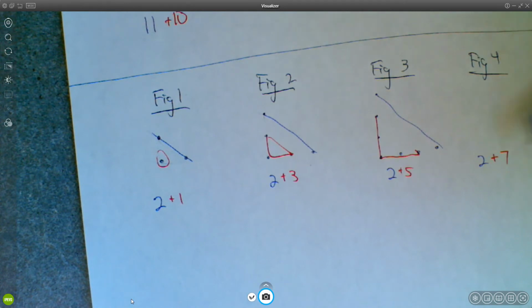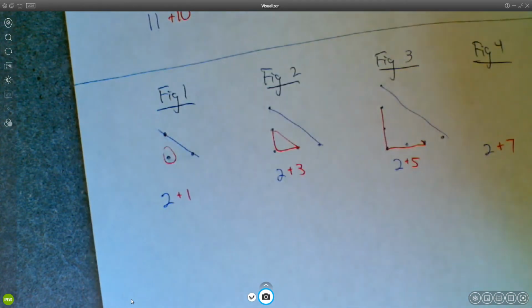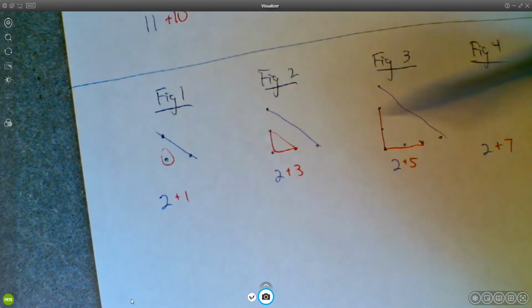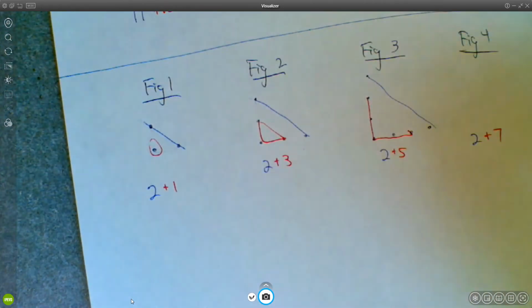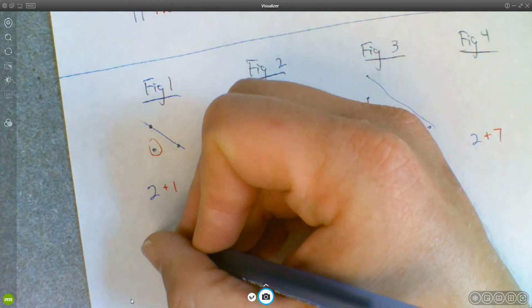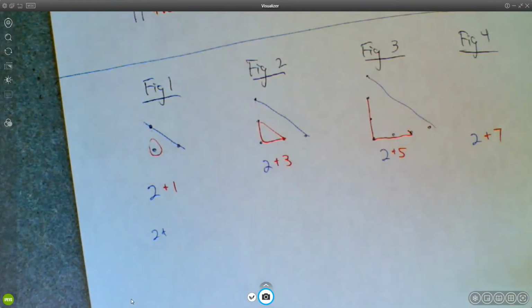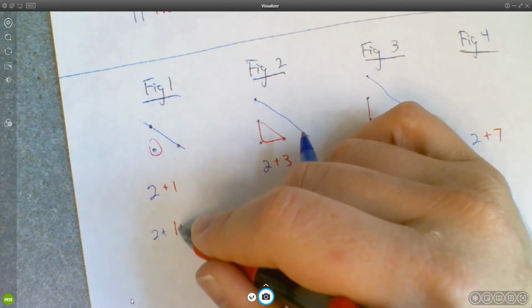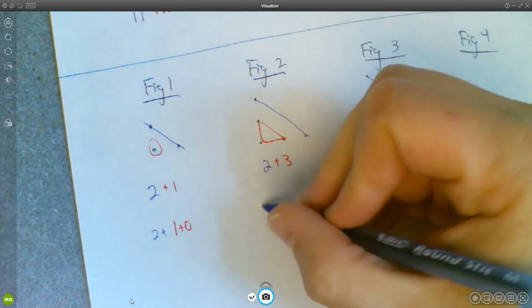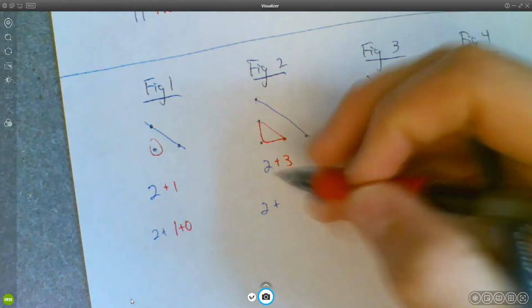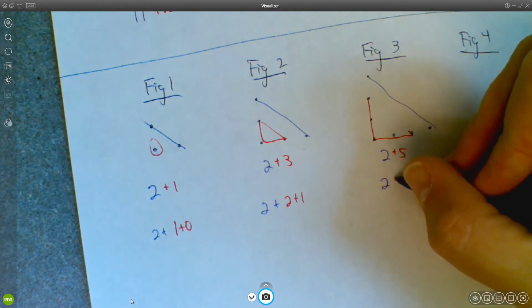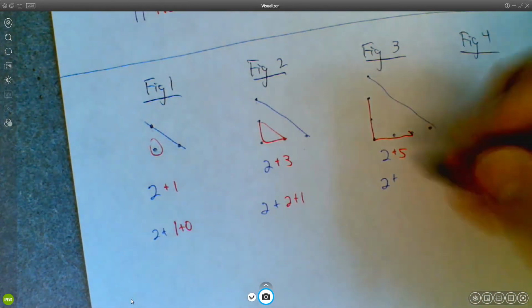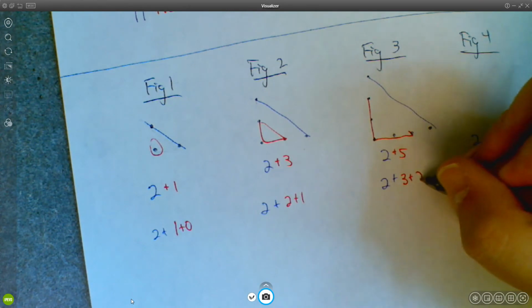Right? 4 plus 3. Well, maybe that's not a bad way to separate it out, except that your picture doesn't match that. If you wanted to call this 2 plus 1 plus 0, and then you wanted to call this 2 plus 1, and you wanted to call this 2 plus 3 plus 2, right?